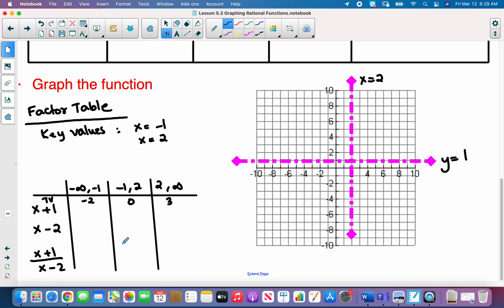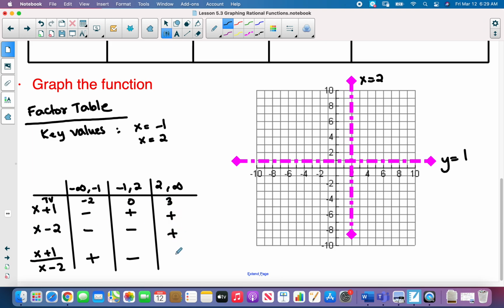And see what the signs are on our function, right? If you put negative 2, the numerator would be negative and the denominator would be negative. You divide negative and negative, you get a positive. So our function is positive in this interval. If you put 0, the numerator is positive and the denominator is negative. If you divide positive and negative, you get negative. If you put 3, the numerator is positive and the denominator is positive.